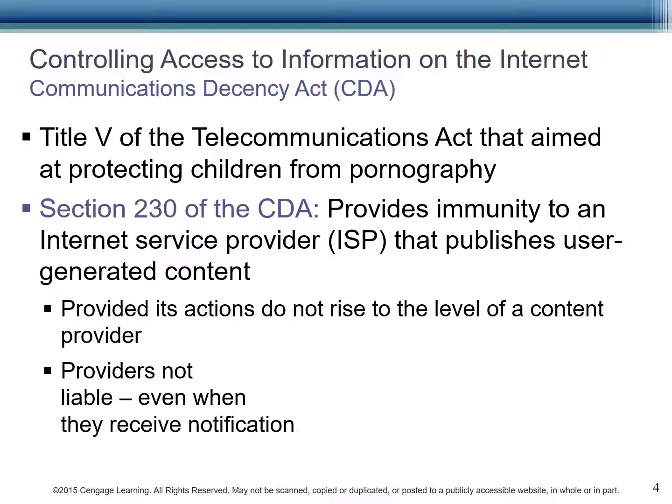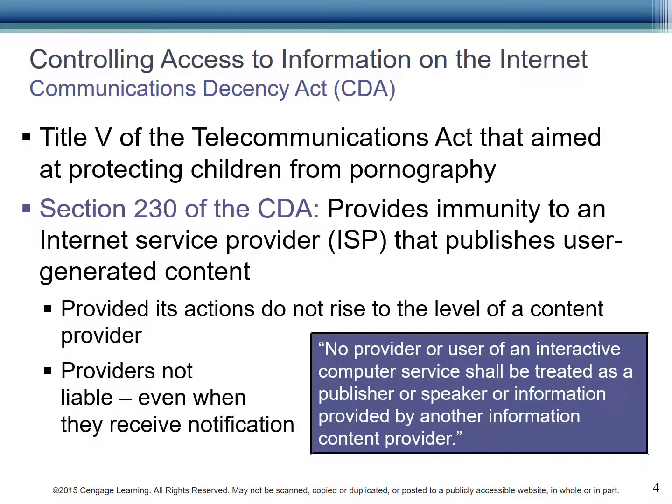Providers aren't liable even when they receive notification. This was set up so that you would have people who would agree to provide service and provide content, allow more people to interact together, and that they were not treated as a publisher for legal purposes.